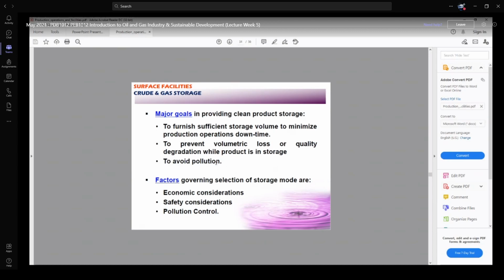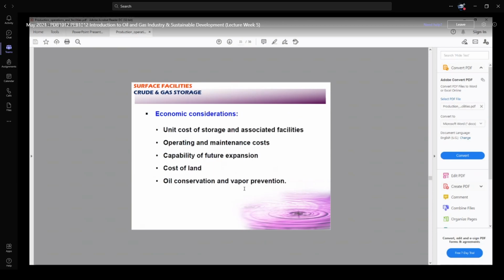There are many factors governing the selection of the storage: the economic consideration, the safety consideration, and the pollution consideration. For the economic consideration, there are a few factors such as the cost of the storage and the facilities associated with it, operating and maintenance cost, capability of future expansion, cost of land, and oil conservation and vapor prevention. These are the factors related to economic considerations.